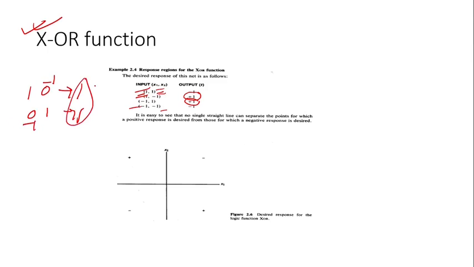So in both cases it is 1, and the remaining two are minus 1. In case of 1 1 it is minus 1, in case of 1 minus 1 it is plus 1, and minus 1 1 is also plus 1, so x is minus 1 and y is 1.